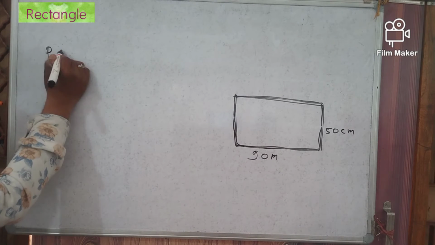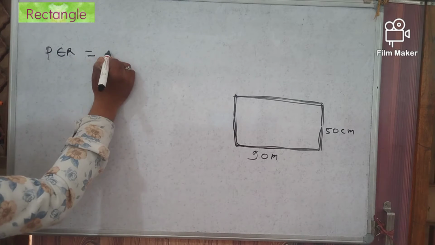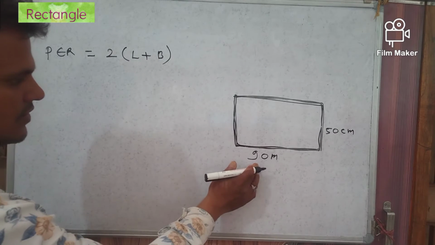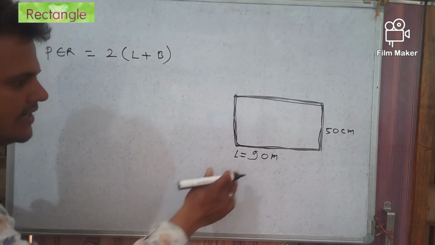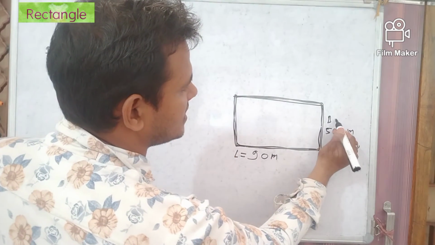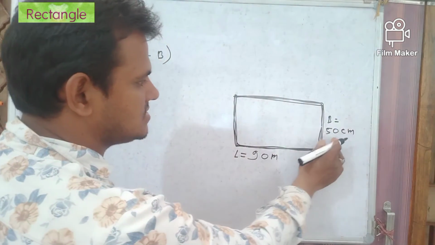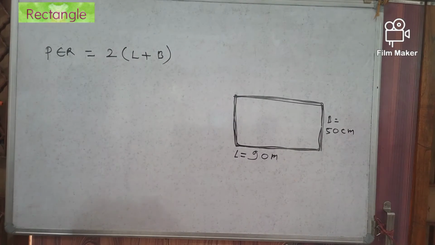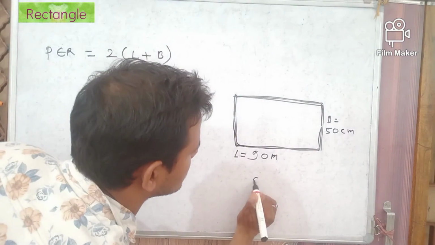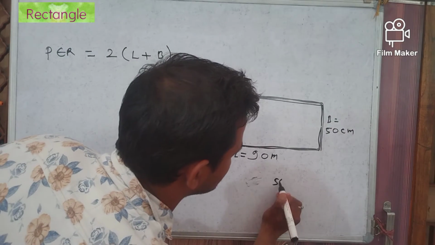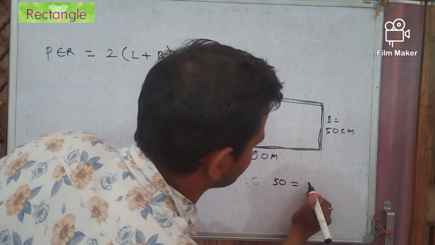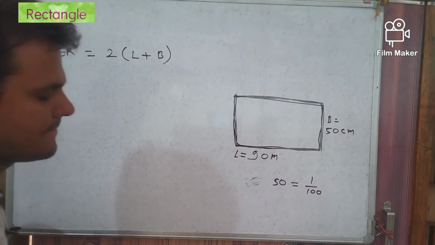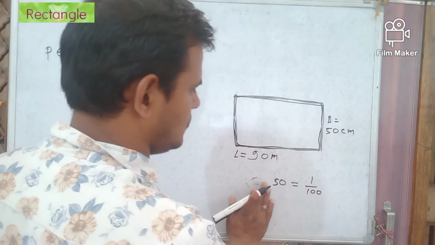So perimeter is equal to 2 into (L plus B). Now length is equal to 90 meter and breadth is equal to 50 centimeter. This is given in centimeter, but this is given in meter.